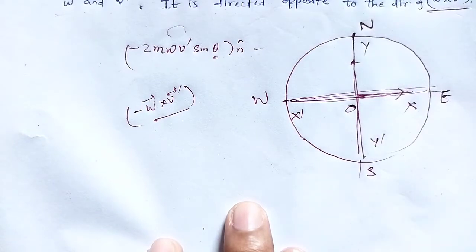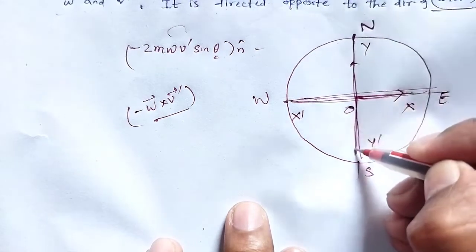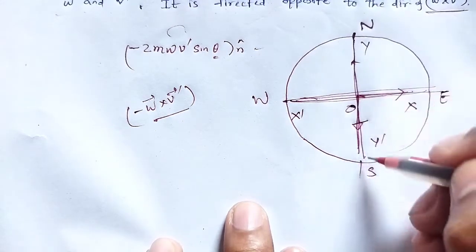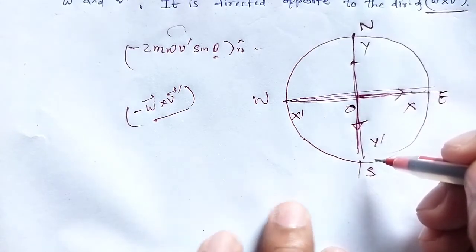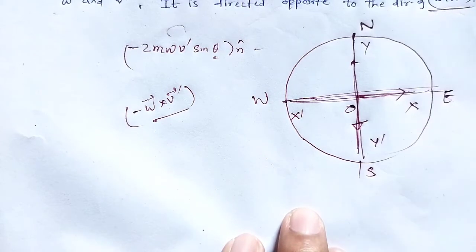On the other hand, if a body moves towards south, along the negative direction of y axis, then the Coriolis force acts towards west, along the negative x axis.